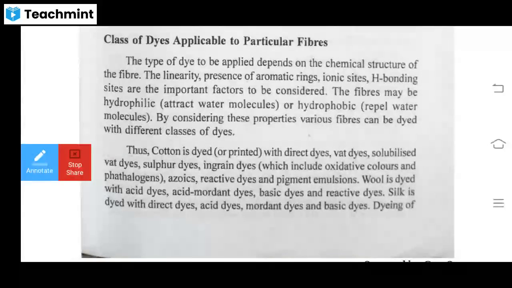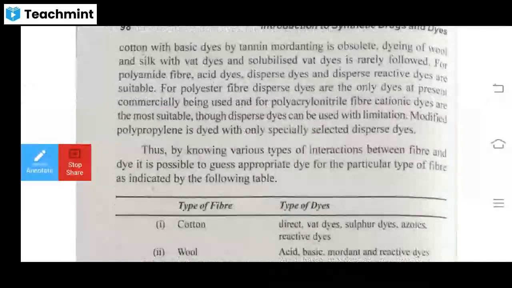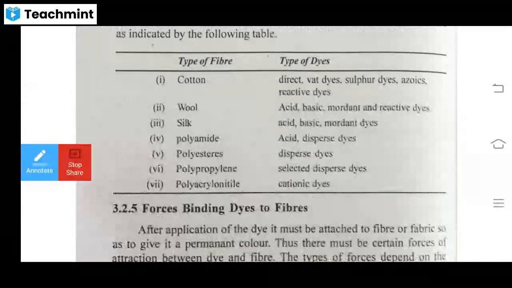Wool is dyed with acid dyes, acid mordant dyes, basic dyes, reactive dyes. Silk is dyed with direct dye, acid dye, mordant dye, and basic dyes. So there are a number of options available for dye purposes. For cotton, direct dye; for wool, acid dye; for silk, acid and basic dyes; polyamide, acid and disperse dye; polyester, disperse dye; polypropylene, selected disperse dye; polyacrylonitrile, cationic dye.